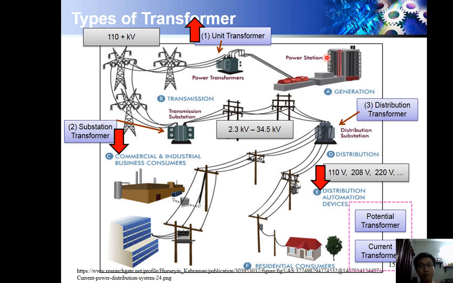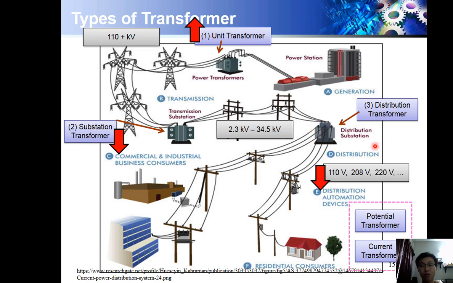From the power generation, the voltage generated from power station A is connected to the transmission. Before that, it has a power transformer we call a unit transformer. We use it to step up the voltage to 11-plus kilovolt, and then it goes to the transmission substation. We have a substation transformer which steps down the voltage from 11 kilovolt to the 2.3 to 34.5 kilovolt range, and then transmits to the distribution substation.